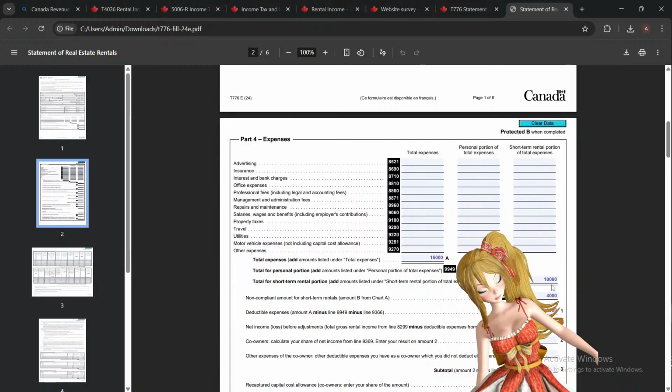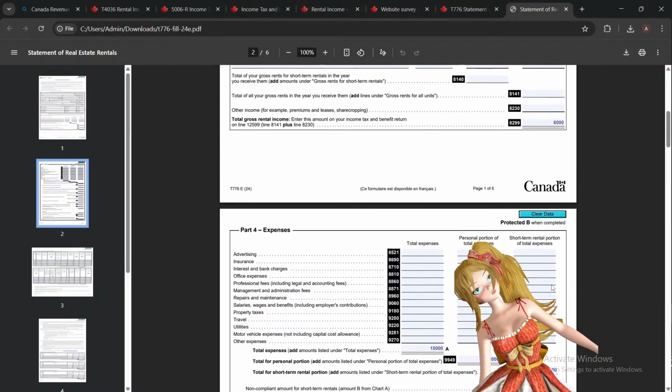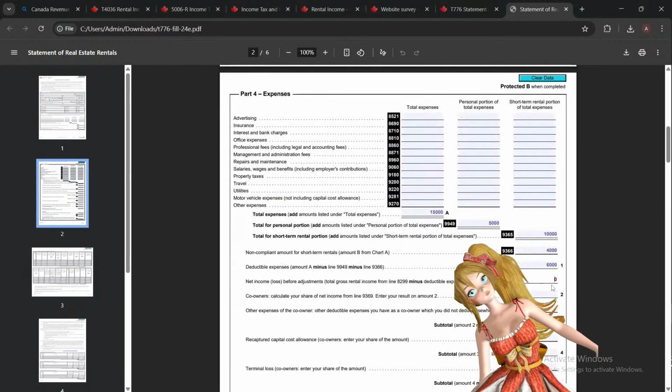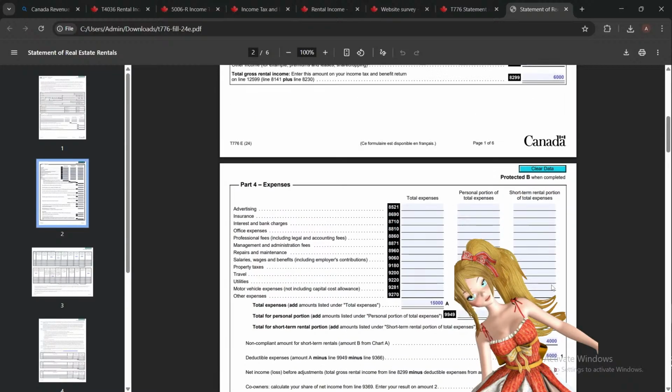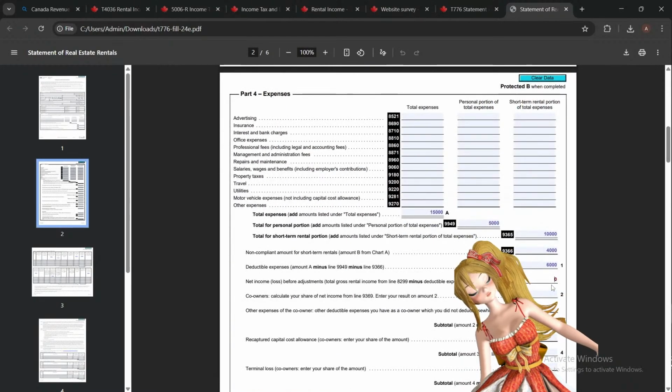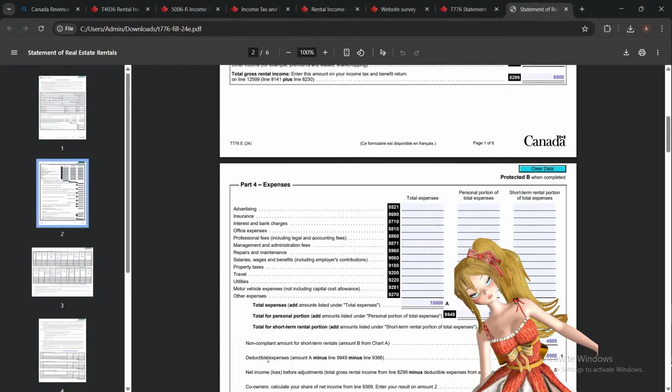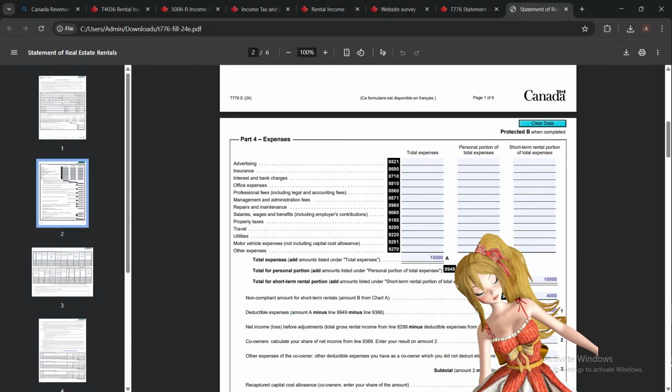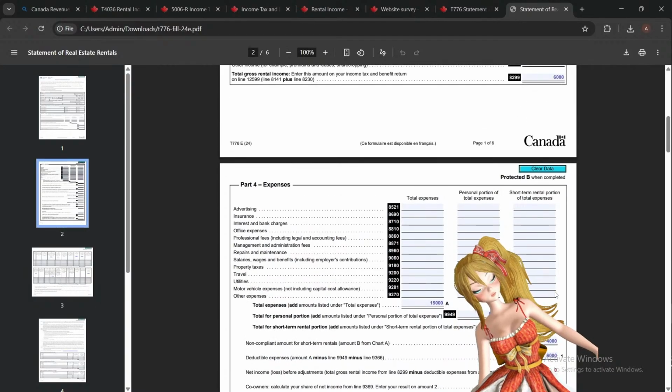What? Wait, what? It was negative when I did my own. I don't understand. I'm so confused right now. Why is it 0? Deductible expenses. Why is it a zero?